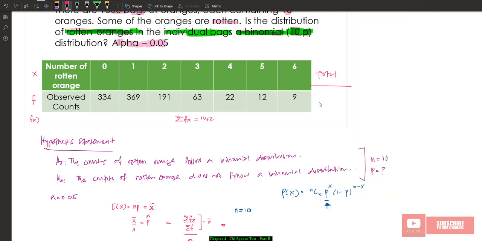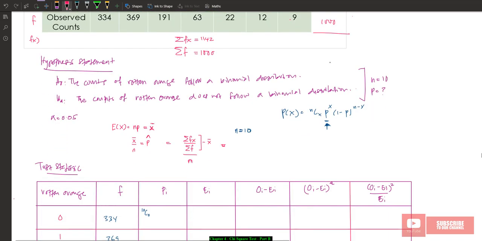So we know that summation of f is equal to 1000. Now we can input the values into the formula: 1142 divided by 1000 divided by 10. This leads us to 0.1142. So this is our probability of success.